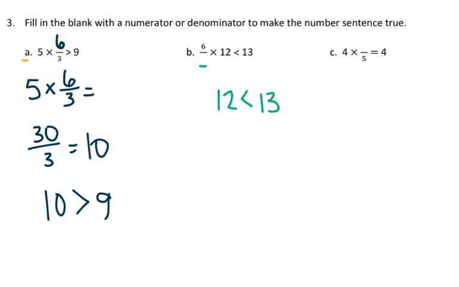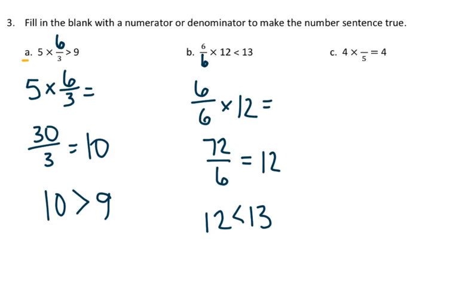So if I put my denominator here as 6, that would be the same as multiplying 12 times 1. So it would be 6 over 6 times 12 is less than 13. And again, I can do my math underneath. Okay, so I have 72 sixths is equal to 12, and 12 is less than 13.